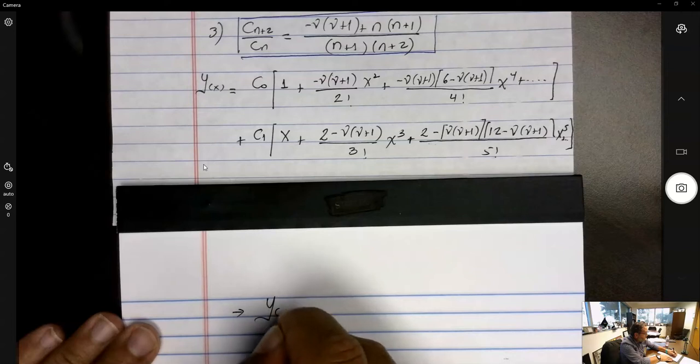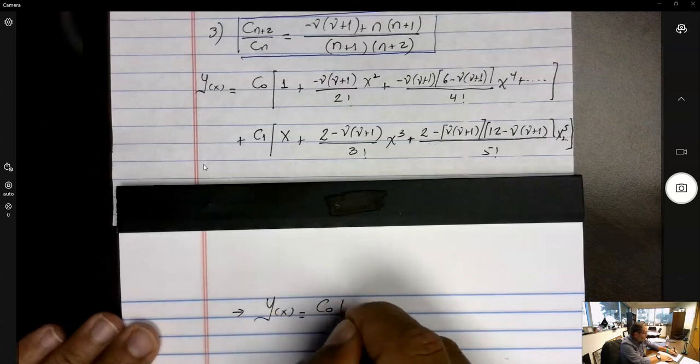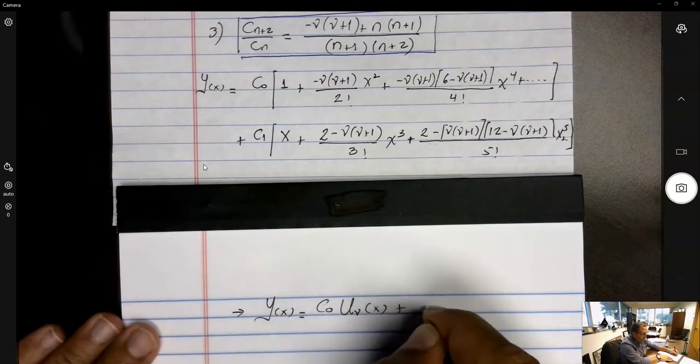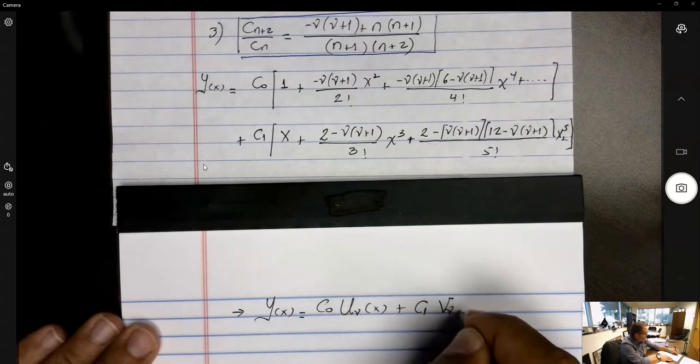So y of x is equal to C0 u nu of x plus C1 v nu of x.